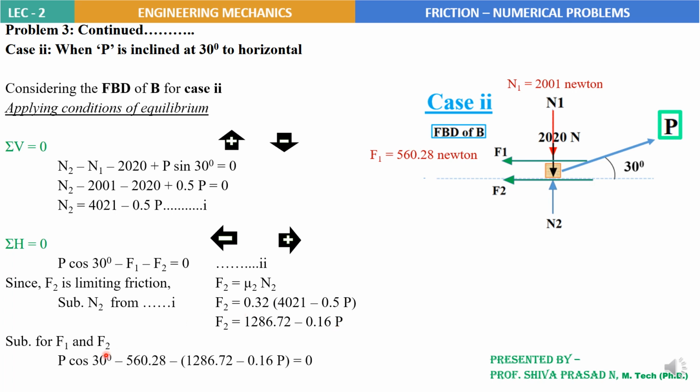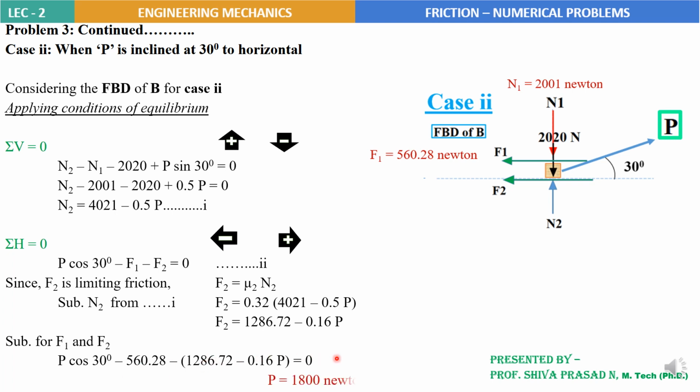We get P cos 30 degrees minus F1, 560.28, minus 1286.72 minus 0.16 P. So this is F2 from this equation. Solving this, we have only P remaining.